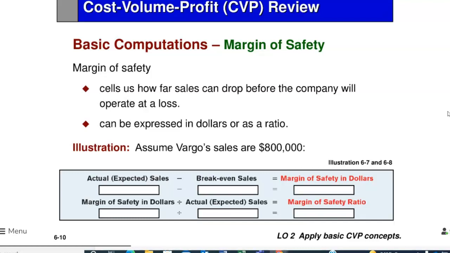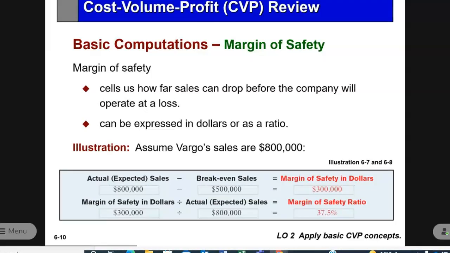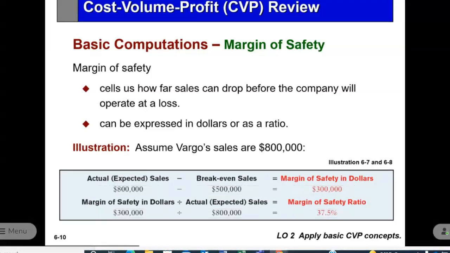So this is what it would look like. Here we have expected sales 800 and break even is 500, so the margin of safety is 300. We take 300 as a percentage of 800 and we get 37.5, which means that sales, the economy in general, can fall as it has with this virus.